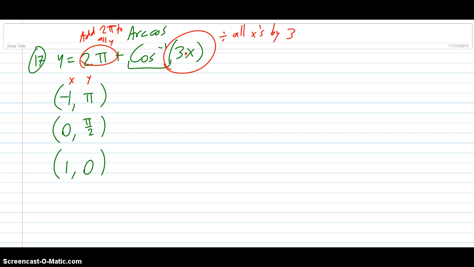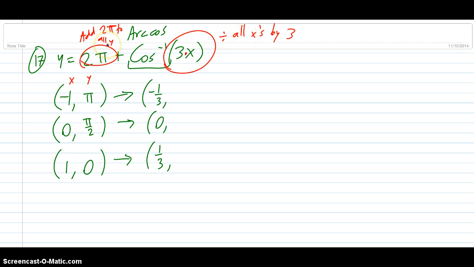So what I do is I take care of x's first just to get it out of the way. So I'm going to divide all my x's by 3. Negative 1 divided by 3 is negative 1/3. 0 divided by 3 is still 0, so that's nice. 1 divided by 3 is 1/3. Again, you might be able to recognize a pattern. There's nothing else we do with the x's, so they're all cool.